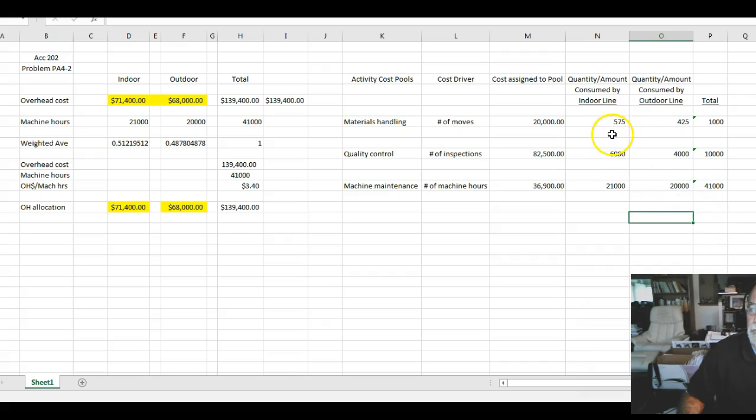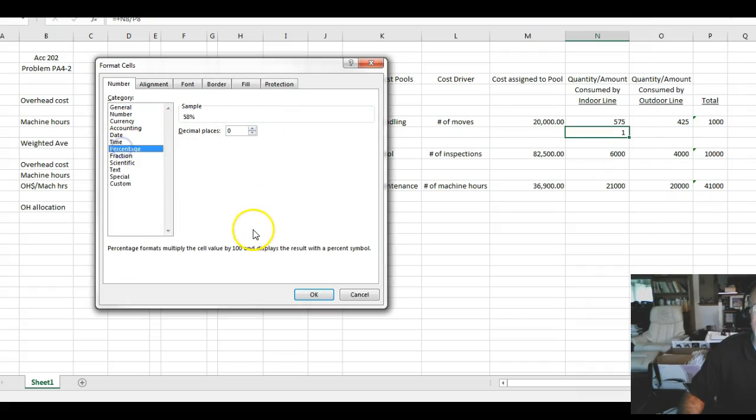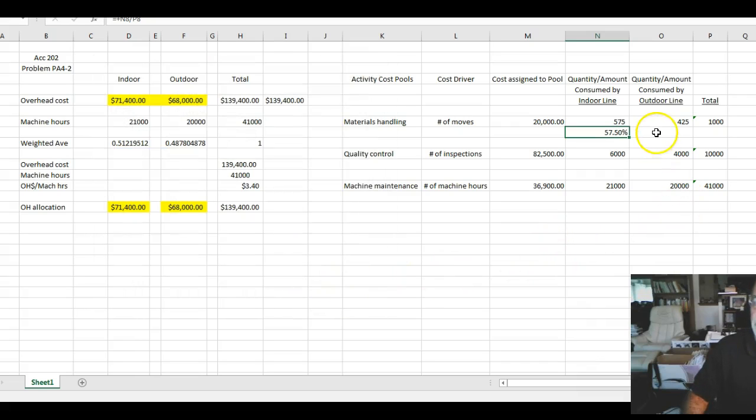Okay, and then for the proportions, we're going to do calculations that are similar to the ones we did initially for requirement number 1. Basically we're going to take the amount of each divided by the total. And we need to format that, so why don't we format it as percentage, 2 places, 57.5%.